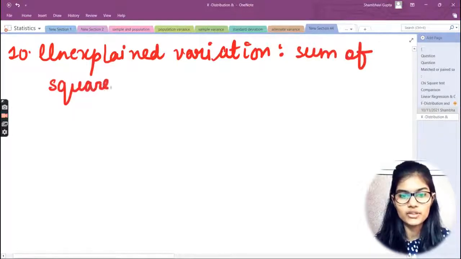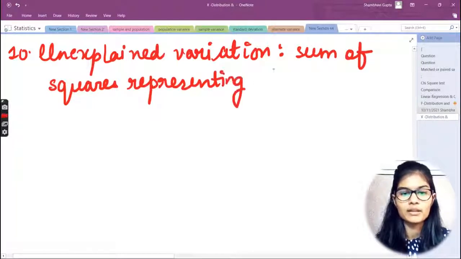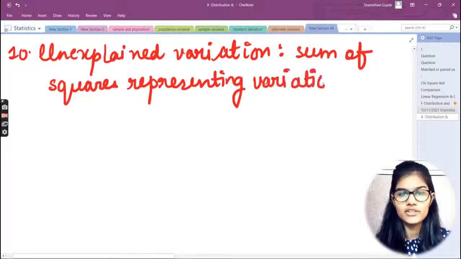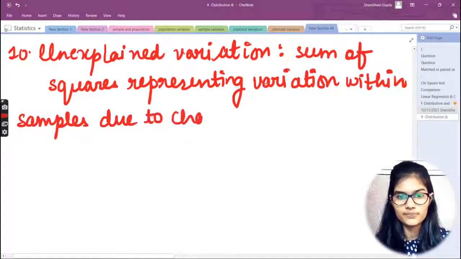It is the sum of squares representing variation within the samples due to chance.